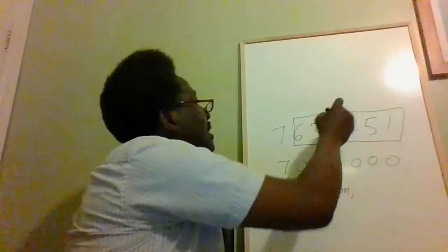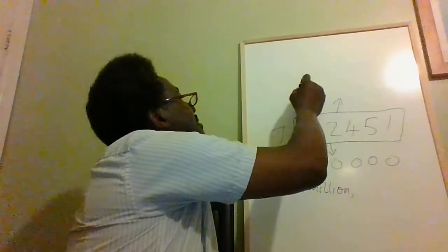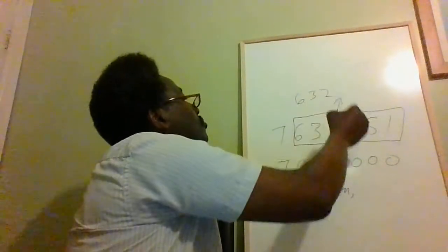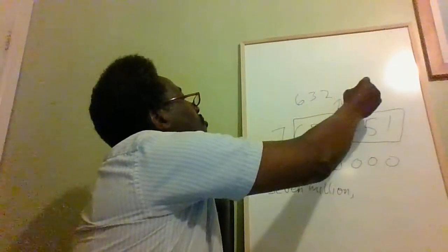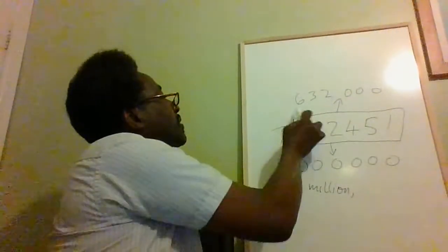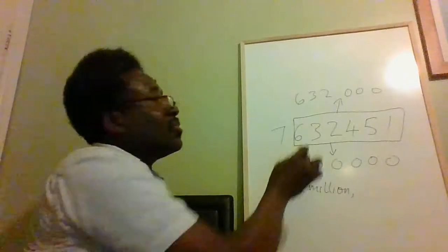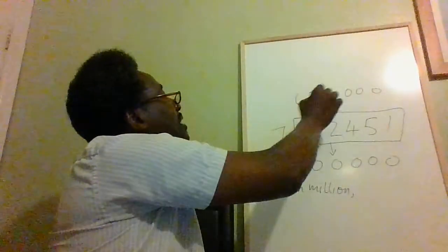And so you're going to have 632,000. Yeah? 6, 3, 2, make this one zeros. 1, 2, 3 zeros. Keep the first 3, make the last 3 zero. So 632,000.